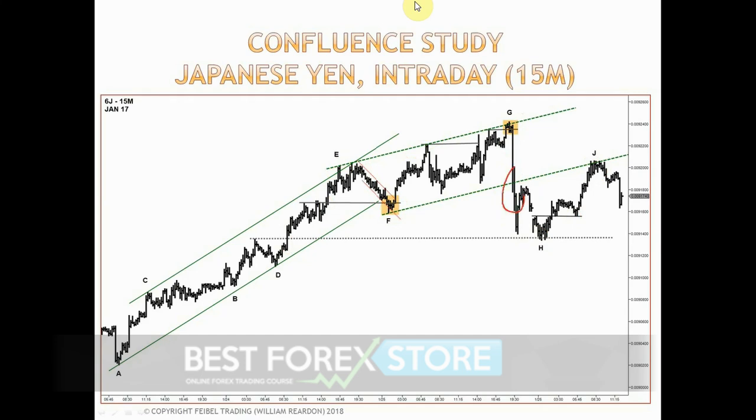See, this big widespread validates the demand line because it takes effort, it takes force to break it down.